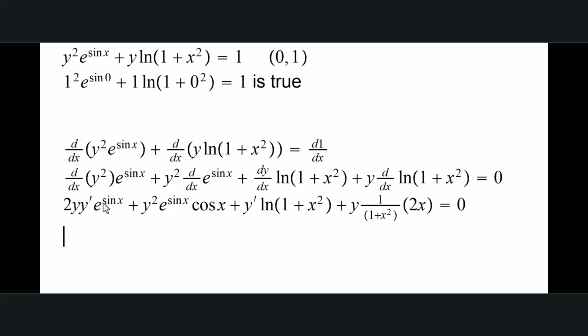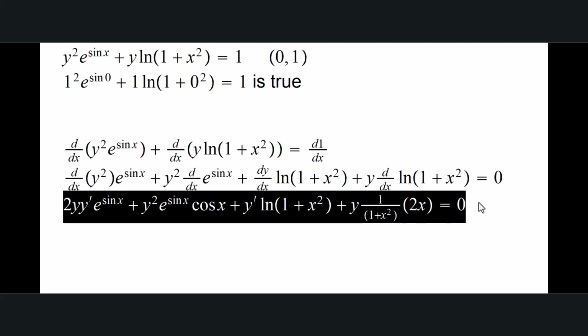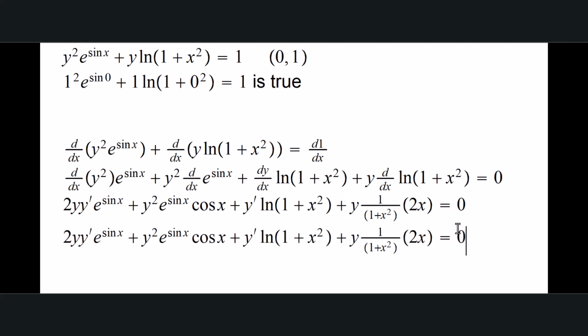So what we have, if we just write it in a slightly more simplified manner, actually there's not much to simplify here other than we may write this 2x over here, okay? So right here we have y prime. We can go ahead and solve for y prime if we would like, but what was our objective?